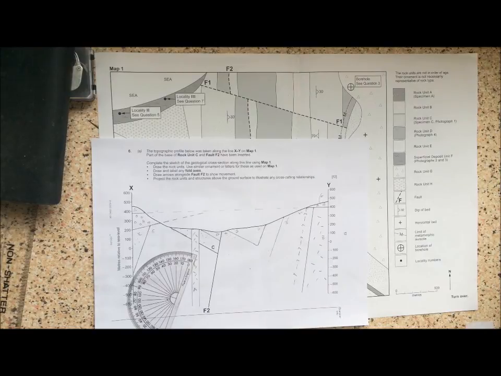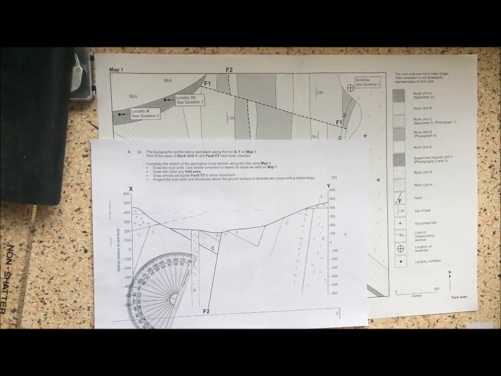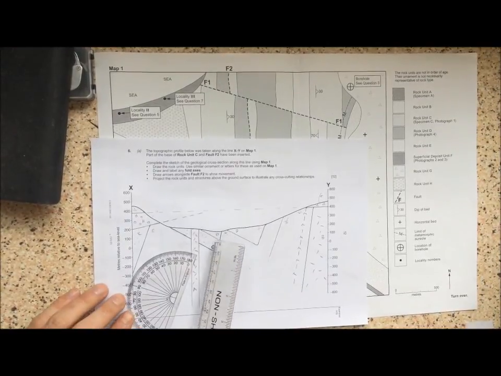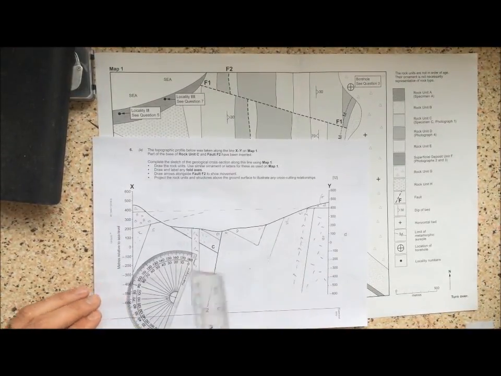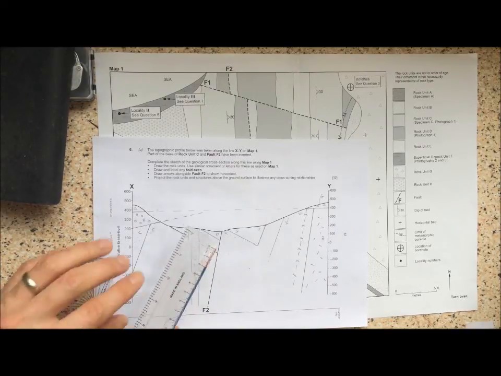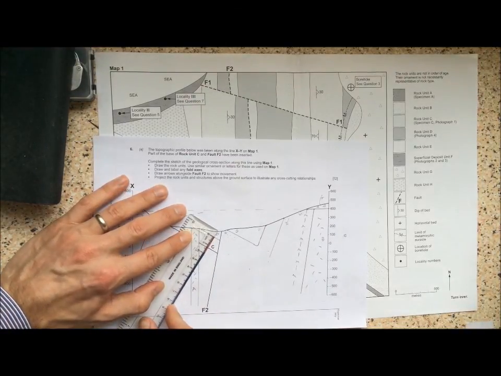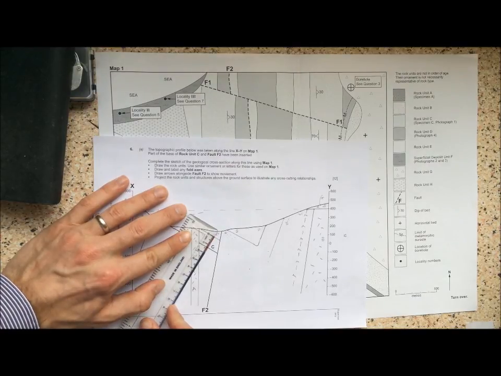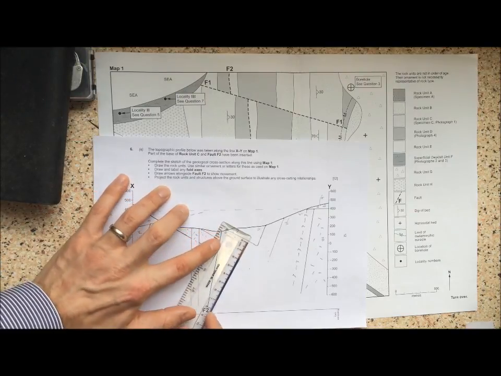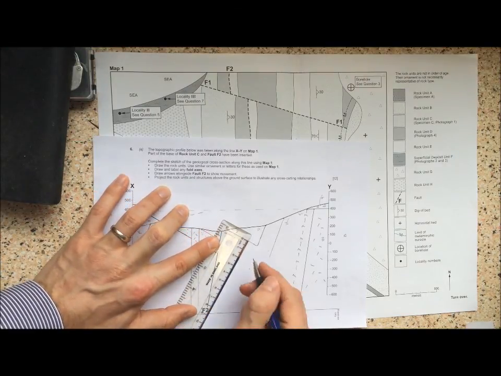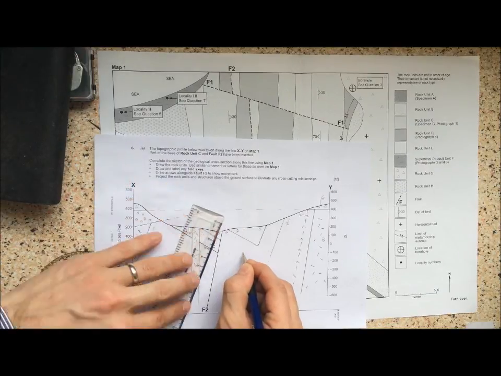So what we can actually do from this point is we can measure the thickness of the C bed. We should be happy that we've got a thickness here that we've plotted and a thickness here that we've now plotted. So I'm just going to take a measurement of how thick that C bed is, and that's measuring, again, you can be very precise on the actual exam, but it's difficult with how we've got things set up here, but we say 14 millimetres. So I'm going to go for the same here, 14 millimetres to that point there.